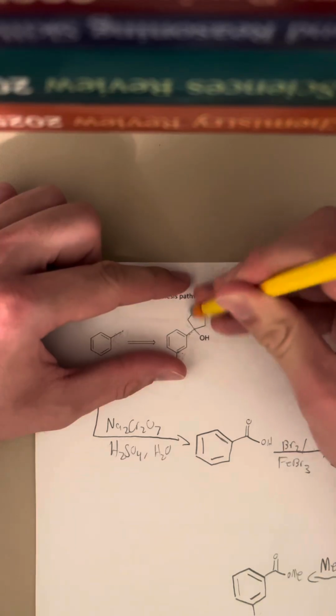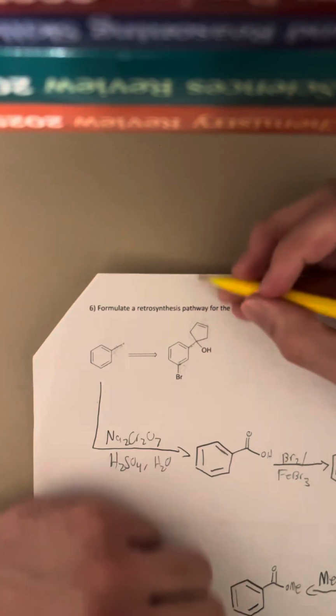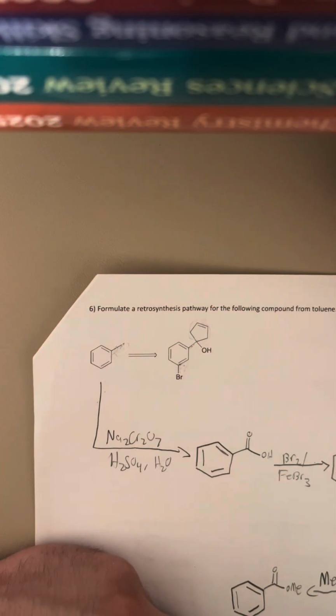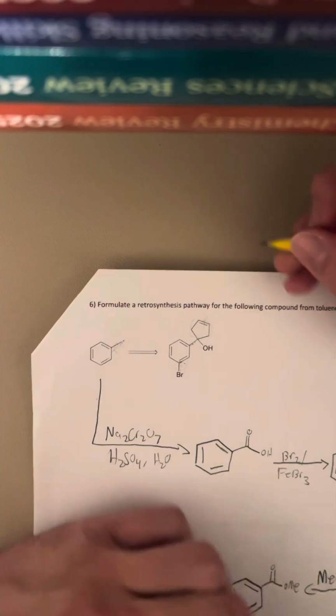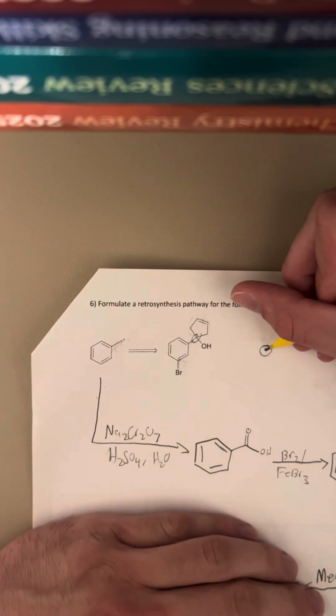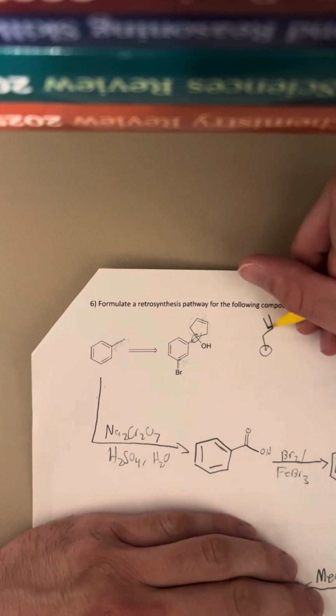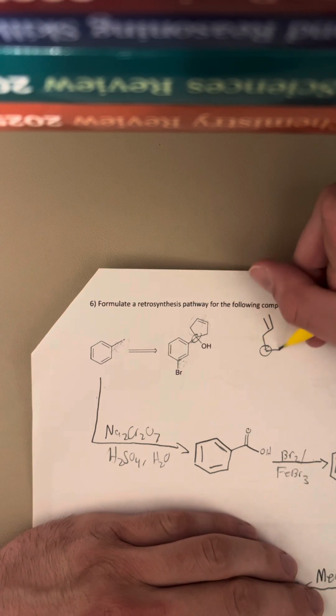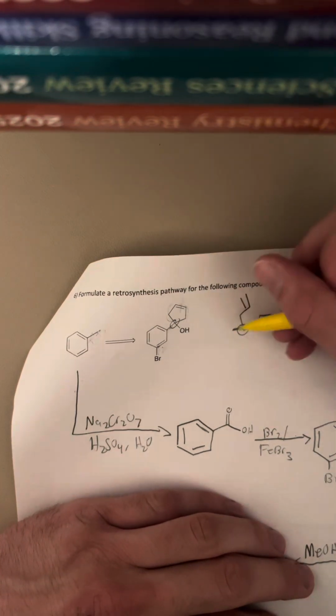Okay, let's look right here. Notice what we have. Notice this group right here. How can we make this? My thought with the alkene is, if we start with this circle, we need to use an RCM. And my thought process is we use these guys.